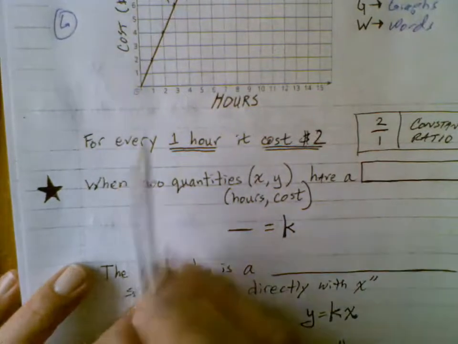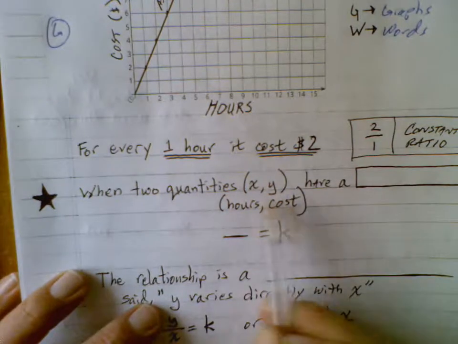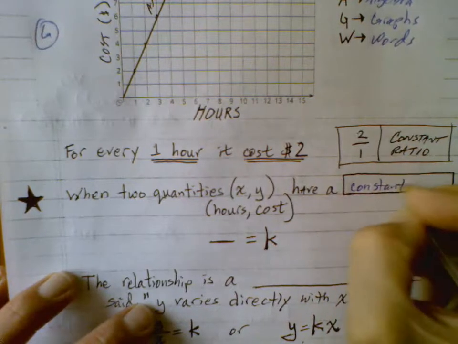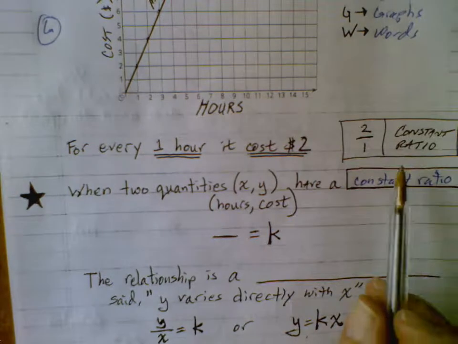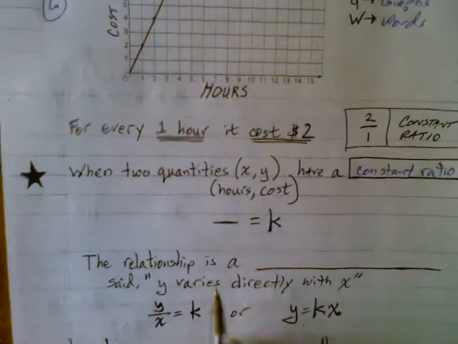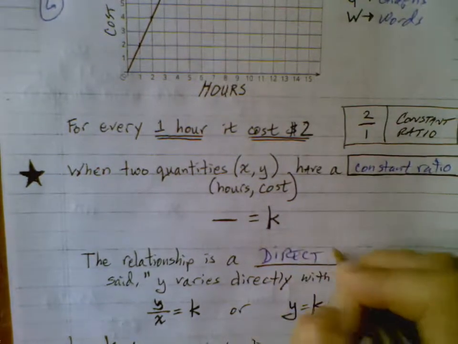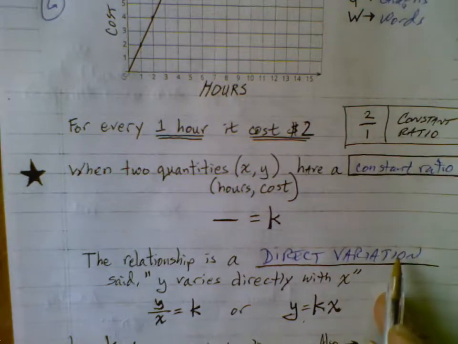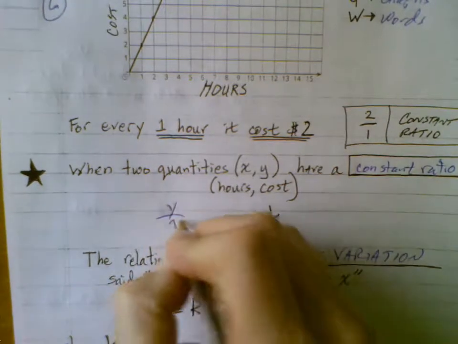Well, when you have two quantities, like cost and hours, x and y, that have a constant ratio, like this does here, that relationship has a particular name. That relationship is called a direct variation. And this is kind of the heart of what we're getting at today. So this constant ratio is the y over the x.